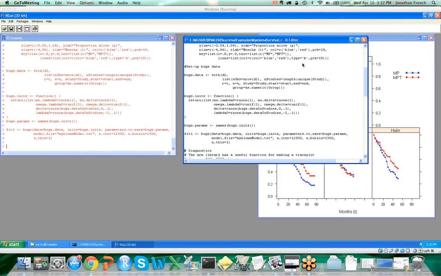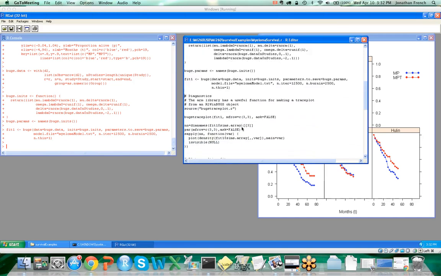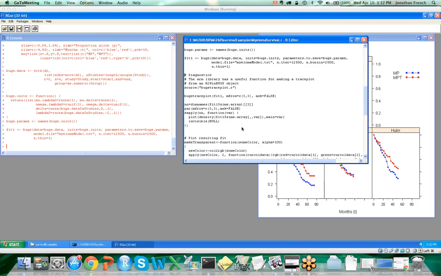Okay, so BUGS is finished fitting our model. We didn't do any diagnostic plots in the previous version of the model. I know that you've looked at lots of diagnostic plots and have code for diagnostic plots that Bill's covered.